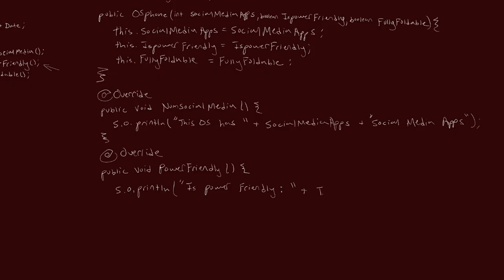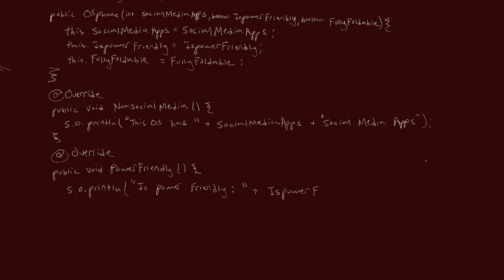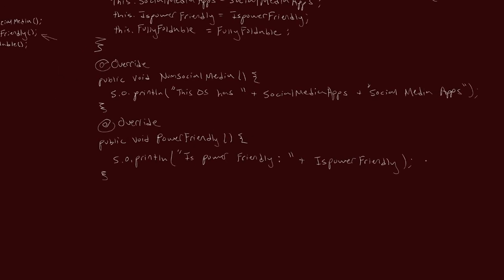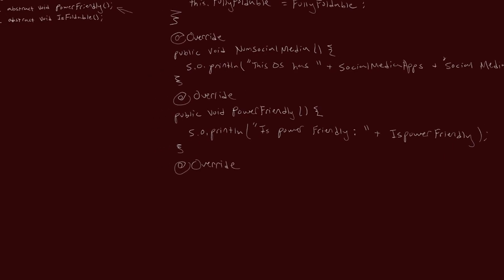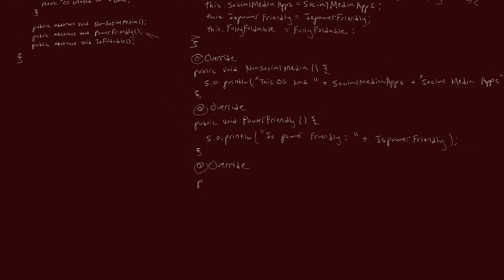So we're going to put in the isPowerFriendly variable. All right, and then the next one, we're going to do another override, and we're going to do public void isFoldable.